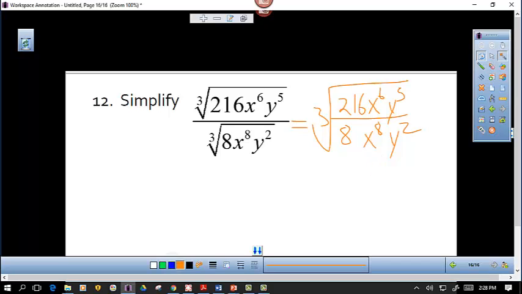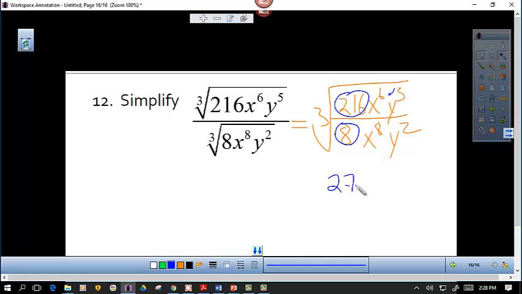Because if you reduce this, for example, 216 can be reduced into 27. Okay, so 216 divided by 8, if you do that in a calculator, 8 goes into 21 twice, a remainder of 5, and then you have a 7 eighths left over.